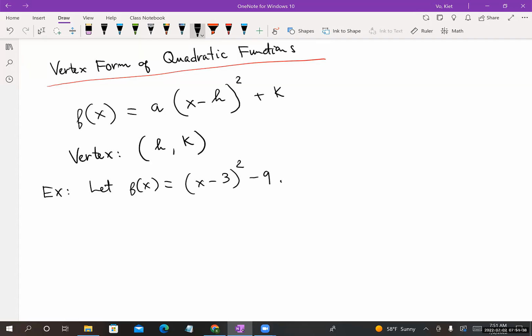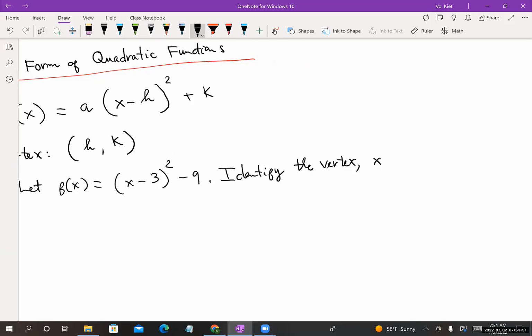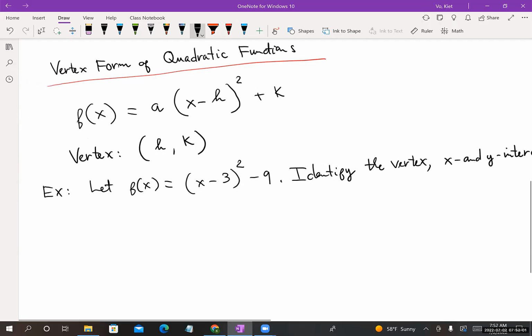We want to identify the vertex, x and y intercepts, and axis of symmetry.